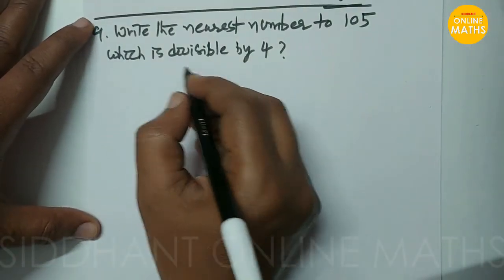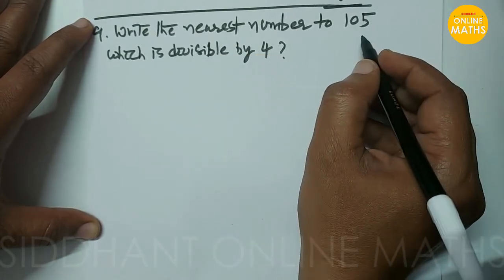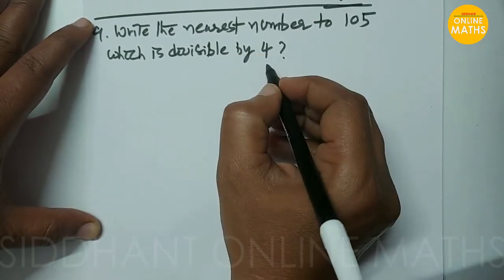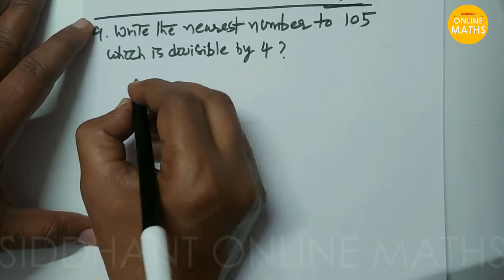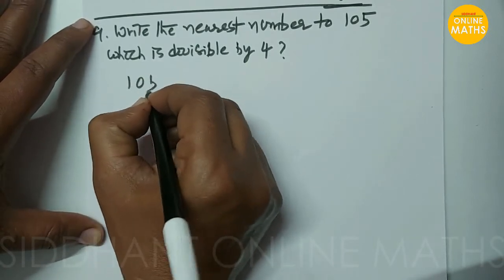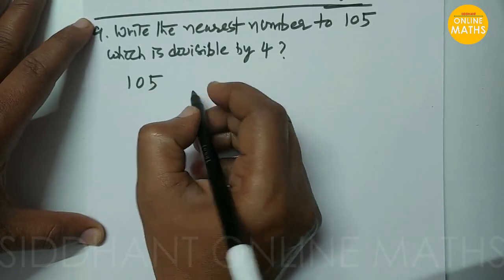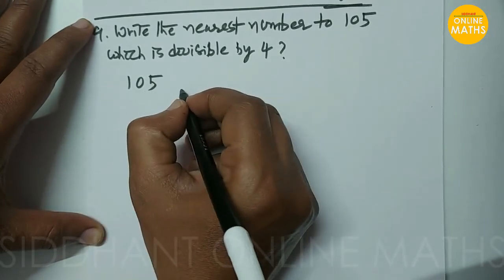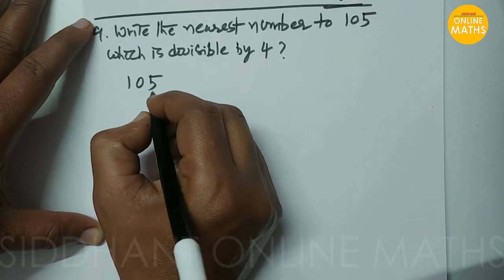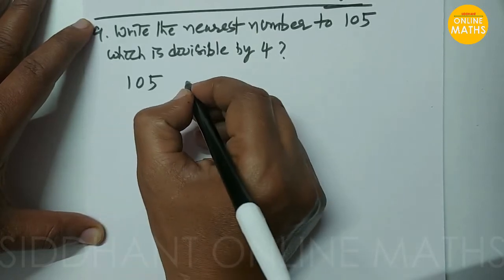Next, ninth question: write the nearest number to 105 which is divisible by 4. So we are going to check whether 105 is divisible by 4 or not. In order to check, we have to check the last 2-digit number.